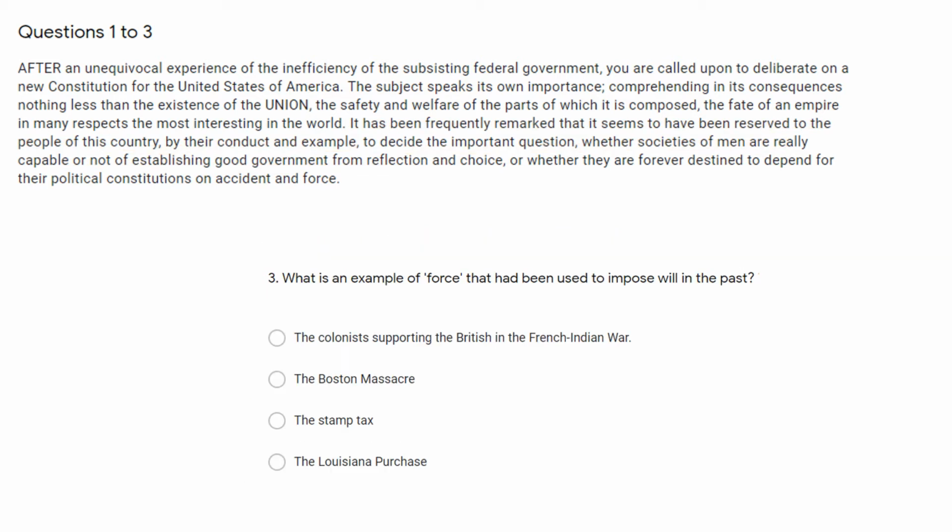Question 3. What is an example of force that had been used to impose will in the past? Well, it says in the past there had been force. So it's talking about the British. Now, the colonists supporting the British in the French and Indian War was their choice. The Americans had chosen to help the British fight against the French.